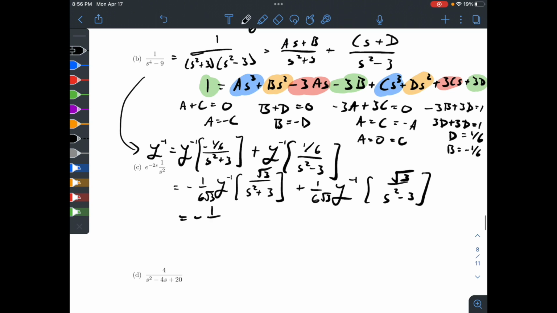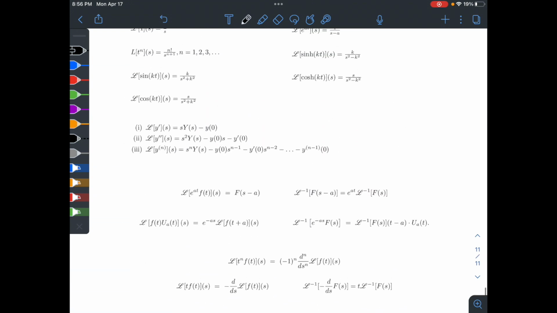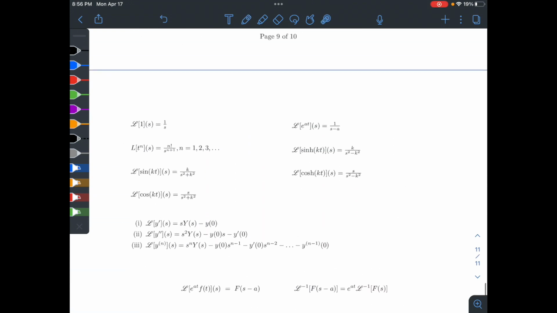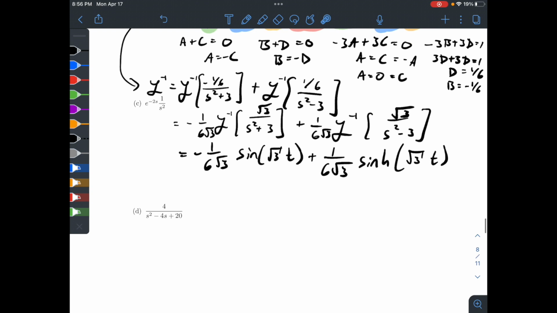So now this is going to be sine of square root of 3t, and then this is going to be hyperbolic sine of square root of 3t. Sinh of root 3t. All right, if we look at this, sine is k over s squared plus k squared, and sinh is k over s squared minus k squared. Got it.